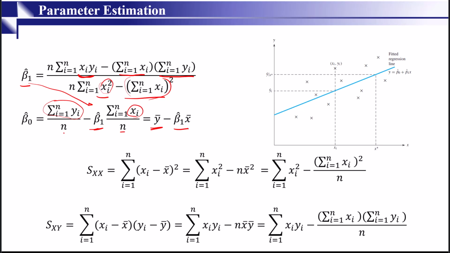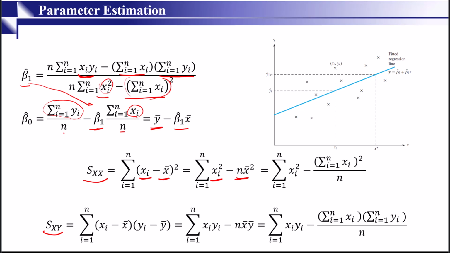If we want to make it easier to understand, we will define Sxx and Sxy, right? These are two variables that help us better understand the topic. Sxx is simply the sum of each data point minus the mean, squared, and it is equal to the sum of xi square minus n x bar square.